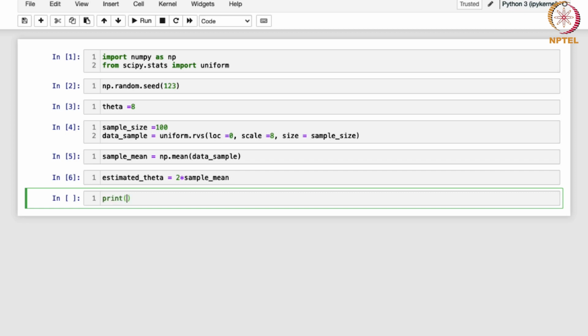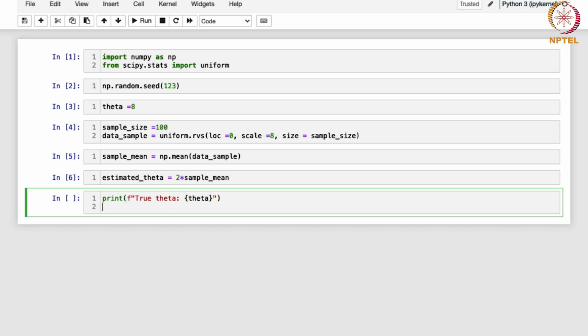Let us first print the true theta that we had. Okay, so it will also print the estimated one also. So let us write it.